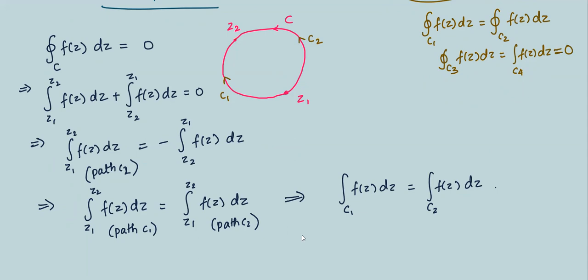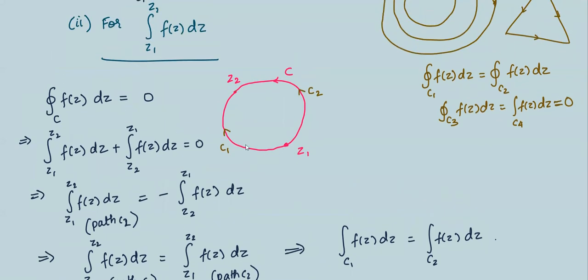That means from Z1 to Z2, it is independent of the path.